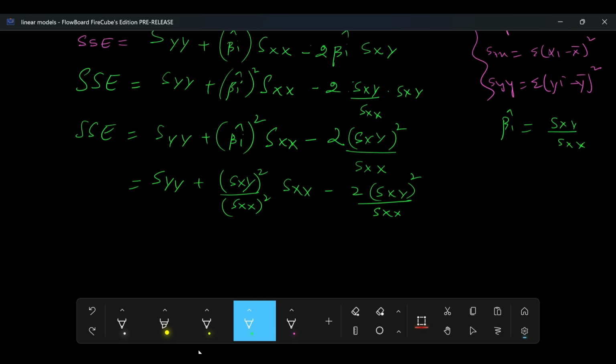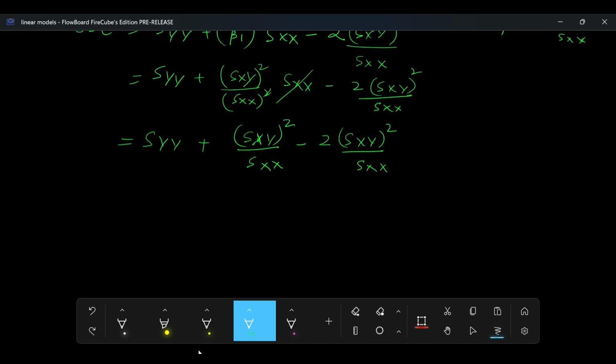Now see, this is equal to SYY plus this, and this goes. This becomes SXY divided by SXY square SXX minus 2 SXY square upon SXX.